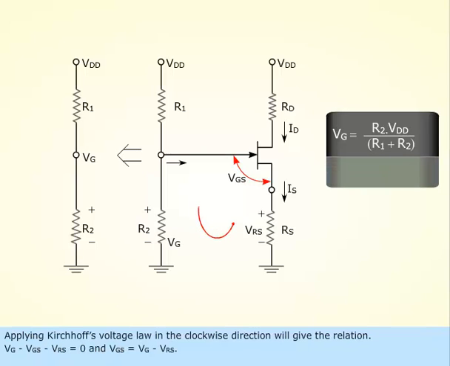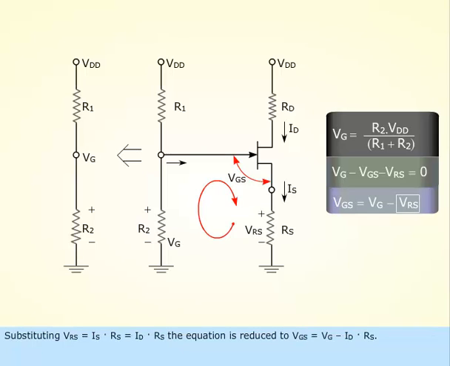Applying Kirchhoff's voltage law in the clockwise direction will give the relation V sub G minus V sub GS minus V sub RS equals 0, and V sub GS equals V sub G minus V sub RS.